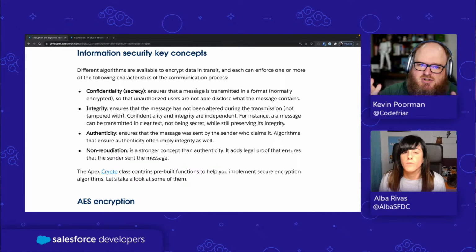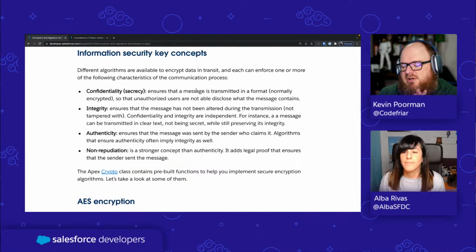Whether that's the internet or carrier pigeon, there's always the April Fool's joke about 802.11p for carrier pigeon and Wi-Fi over pigeon, but we don't trust this, so we encrypt the data so that its secrecy, its confidentiality, is maintained. But along with that, we also have 3 other concepts called integrity, authenticity, and non-repudiation.